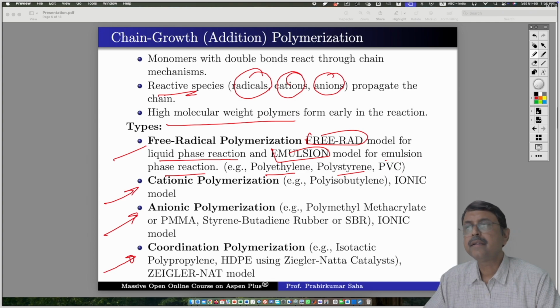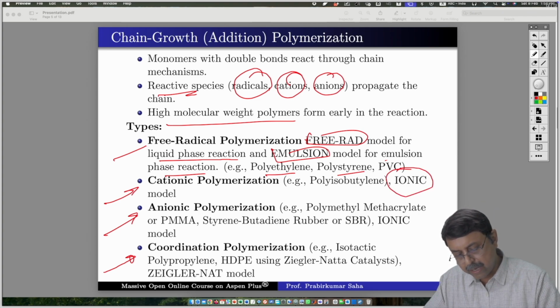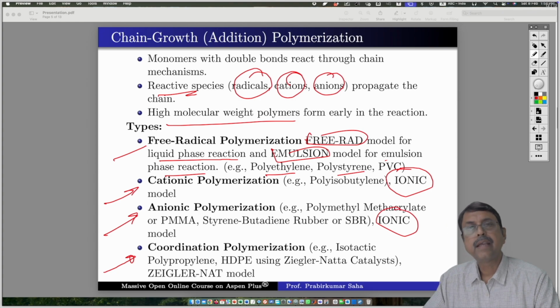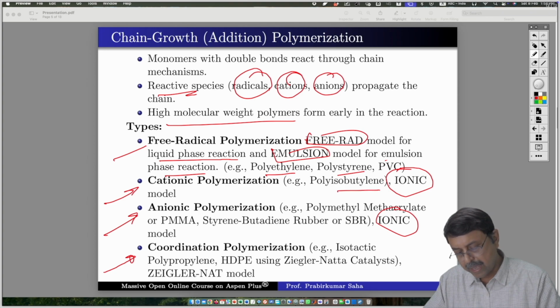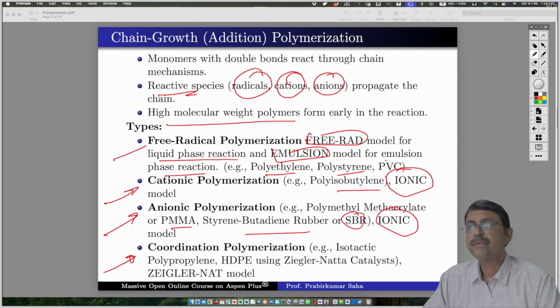On the other hand, the cationic and anionic polymerization reactions are given in ionic model. The example of cationic polymerization is polyisobutylene, and anionic polymerization we will find in polymethyl methacrylate or PMMA or styrene butadiene rubber or SBR. These are the examples of anionic polymerization.